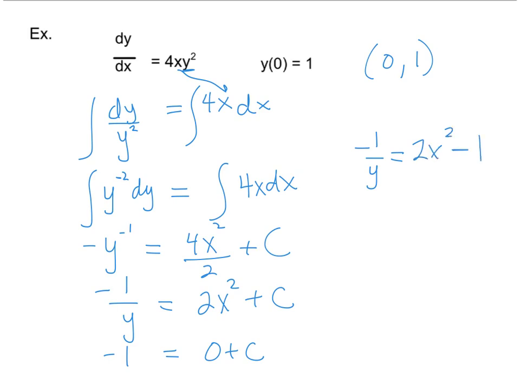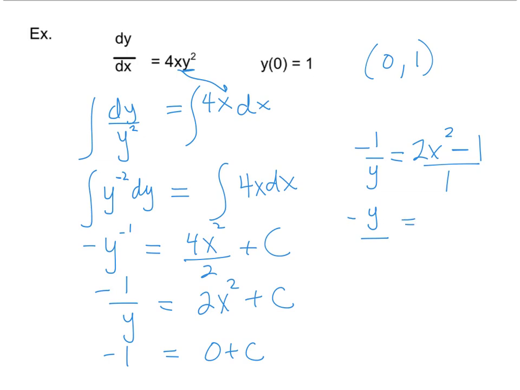Then in order to make that y equals, I'm just going to flip it over. One of the rules of proportions is that if I flip over one side, taking the reciprocal, I have to take the reciprocal of the other side.